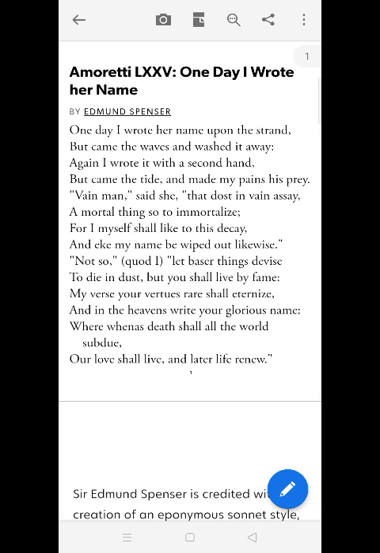If we talk about the theme of this poem, as we have talked earlier, it is a poem which expresses the optimistic point of view of the speaker.